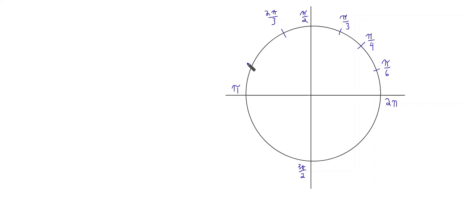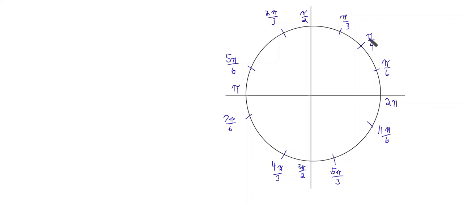So there's 4 pi 6, 5 pi 6, 6 pi 6, 7 pi 6, 8 pi 6, which reduces to 4 pi over 3. So it's 8 pi 6, 9 pi 6, 10 pi 6, which will reduce to 5 pi over 3. Then we have 11 pi 6. And finally 12 pi 6, which is 2 pi.